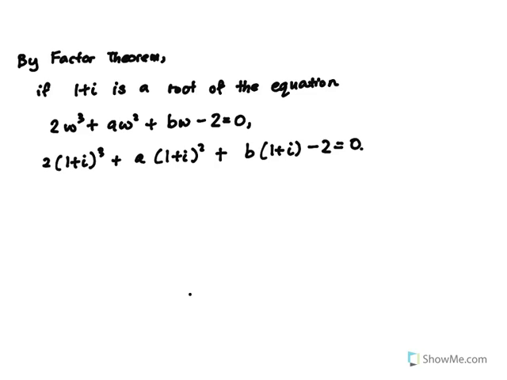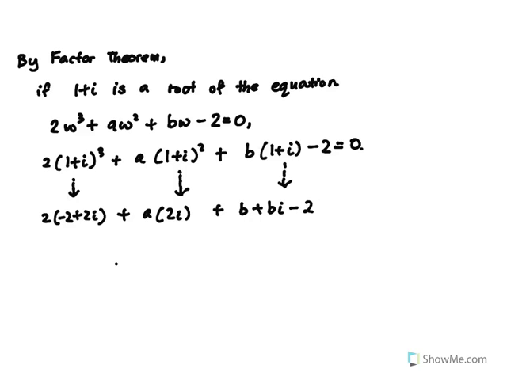Alright, so I just go on and expand this. Expanding 2(1 plus i) cubed, you're going to get negative 4 plus 4i. I'm going to leave the rest of the expansion to you, and you get a(2i) plus b plus bi minus 2 equals 0.